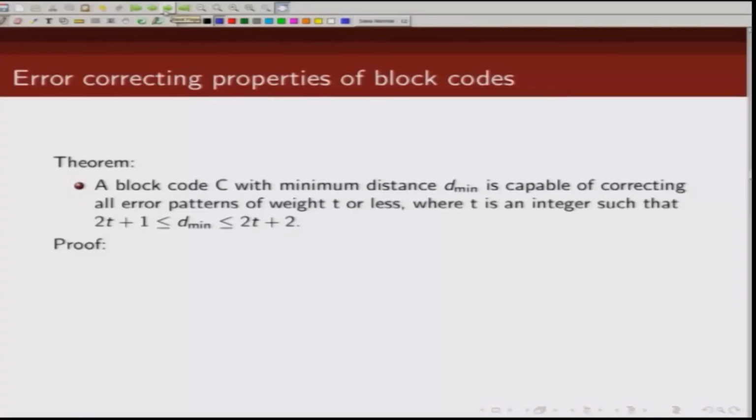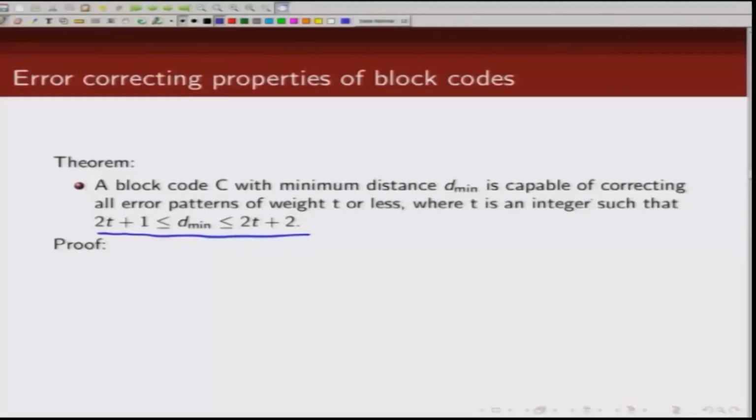Next we are going to show how the error correcting capability of a linear block code is related to the minimum distance of a code. So, if we have a linear block code C whose minimum distance is d min, where d min satisfies this relation, d min is greater than or equal to 2t plus 1, where t is an integer, and it is less than or equal to 2t plus 2.